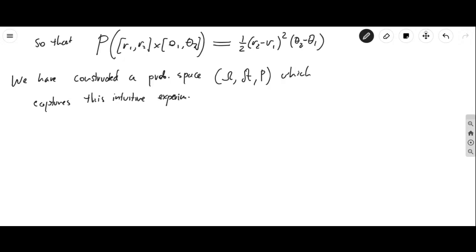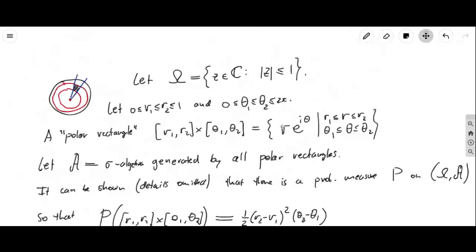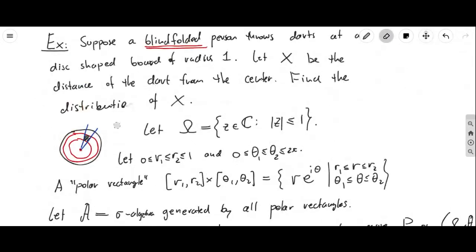Of course, I should make the obvious remark that in real life, it's not possible to hit a single point. A dart in real life does not have infinitely small size. It has some kind of thickness.